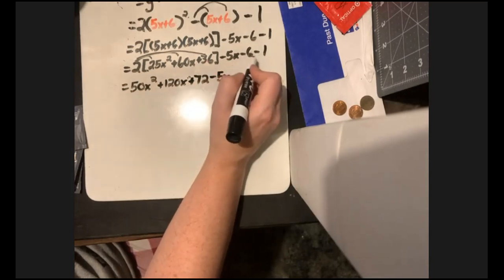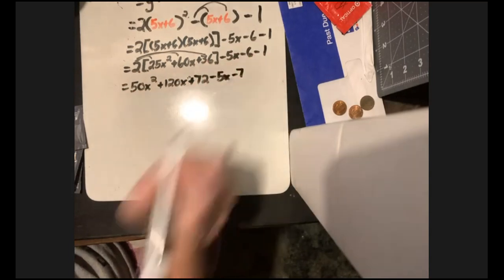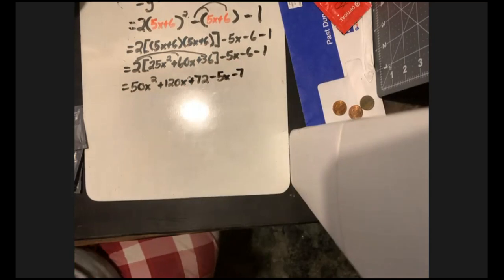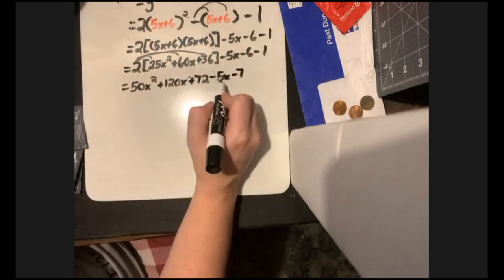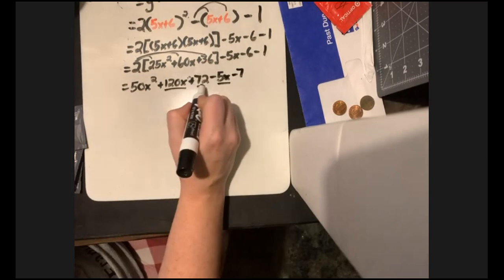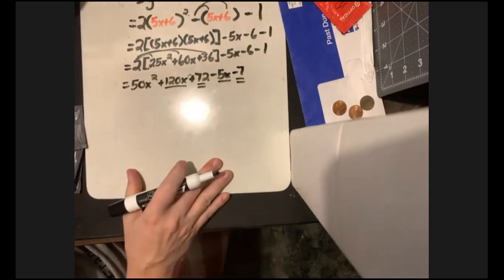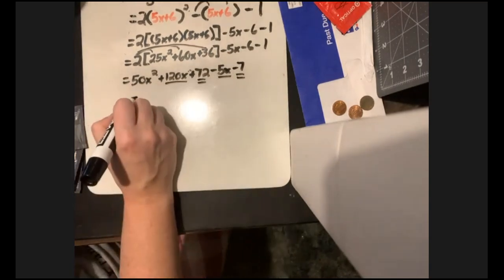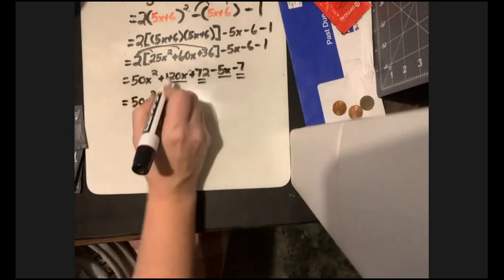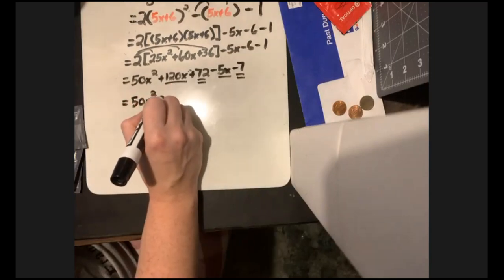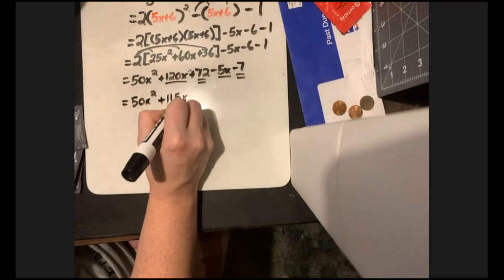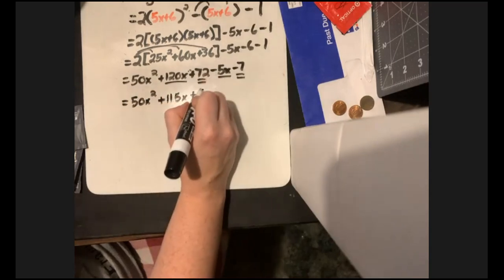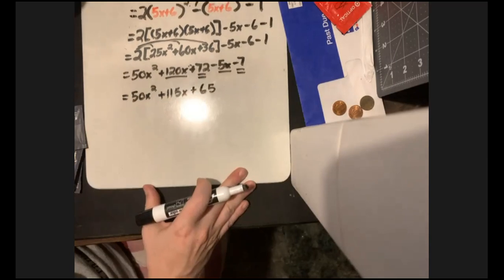And I could have already done this before, but I do need to go ahead and make that a minus 7, just combining those back to back. Now I can do a little bit of combining here with my x's and with my numbers. So I'm going to end up with 50x squared plus 115x plus 65.